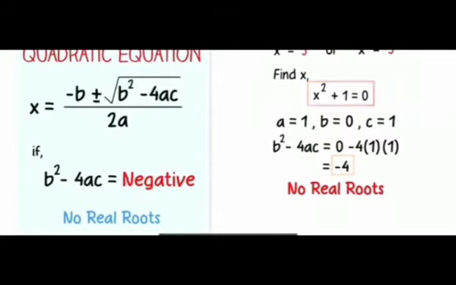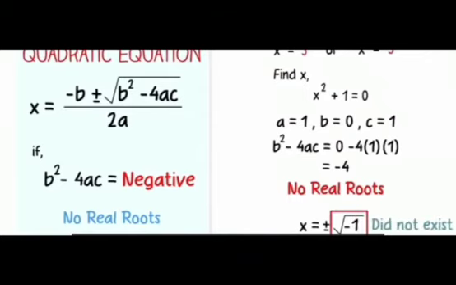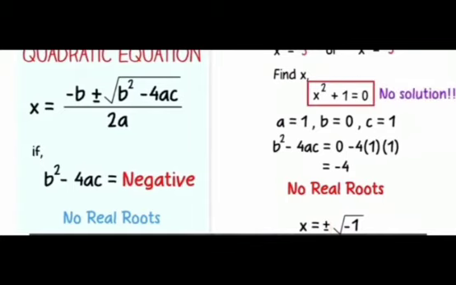Why did we do this? What was the problem here? It's easy, as the square root of negative 1 did not exist for us. So this equation doesn't have a solution.